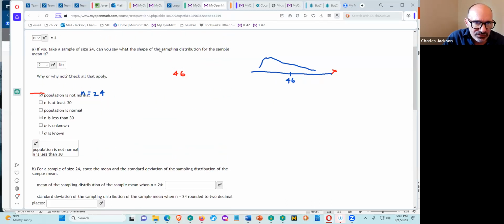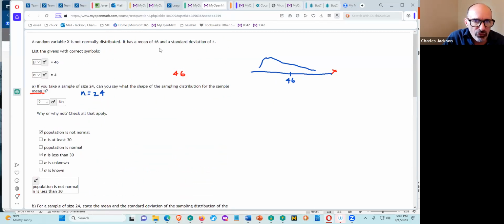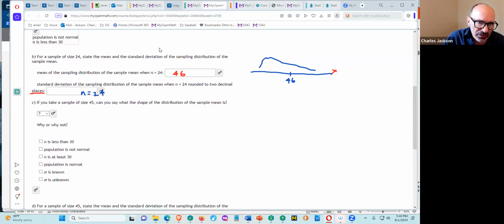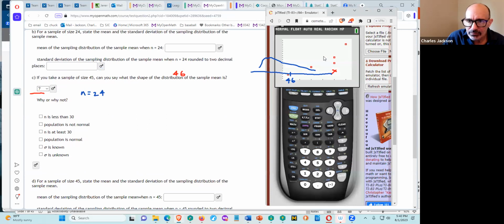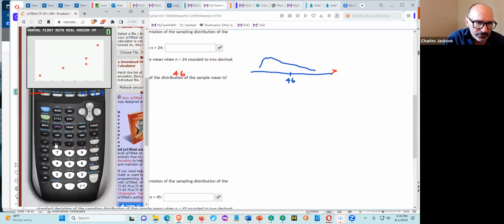Not 6. Oh, 4, not 4. But it'll be sigma divided by root n. Sigma divided by the square root of n.